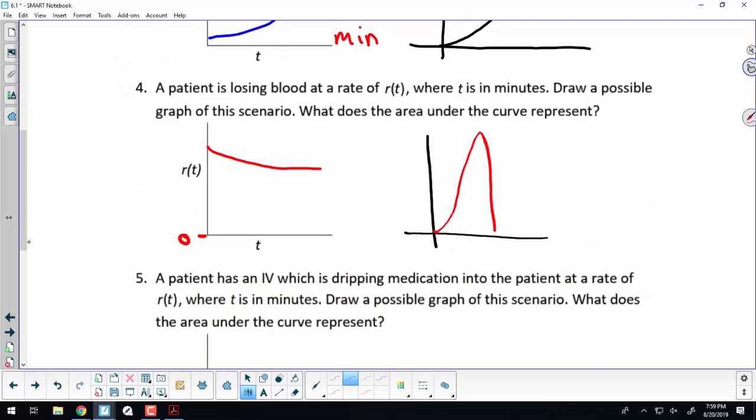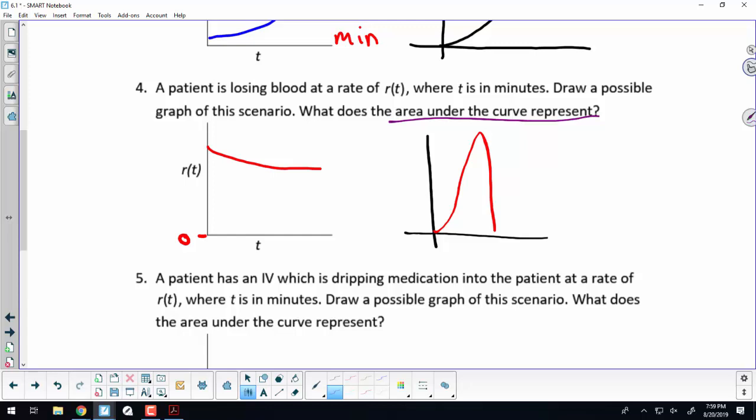What does the area under the curve represent? Total blood loss. The amount of blood lost, right? So again, think about the rate they're losing blood. I don't know, anybody familiar with health stuff? What is blood usually measured in?